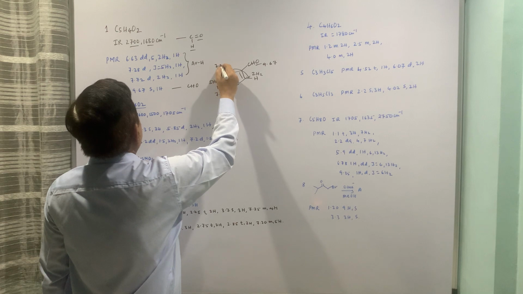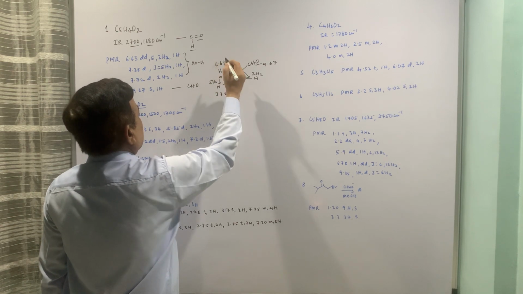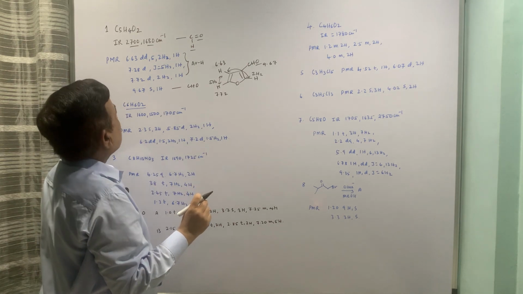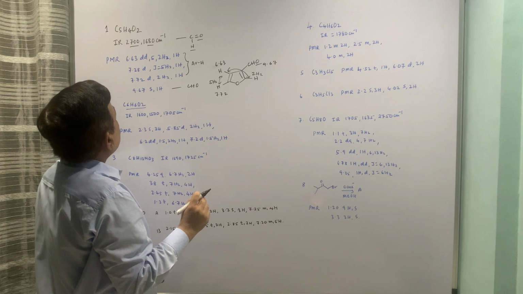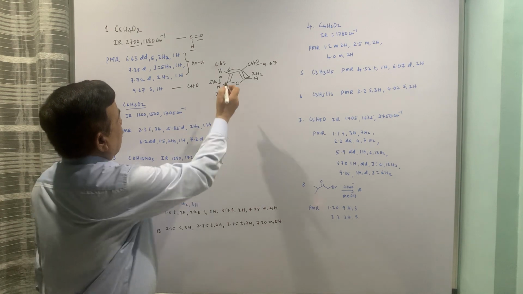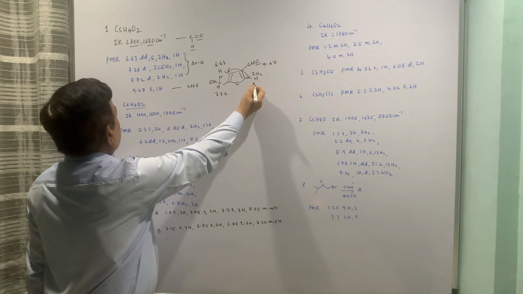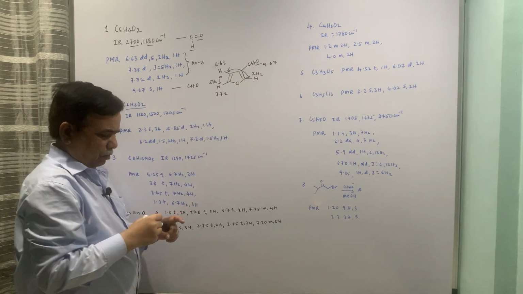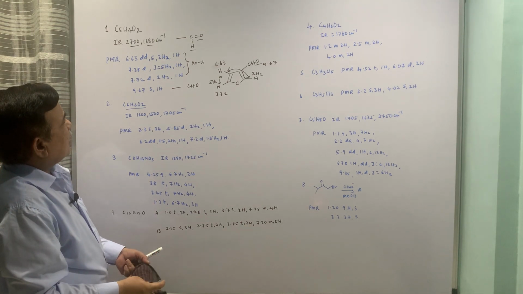This is 6.63. Doublet of a doublet, so doublet of a doublet probably, and then this one is the remaining one. So this is what appears like a doublet of a doublet.